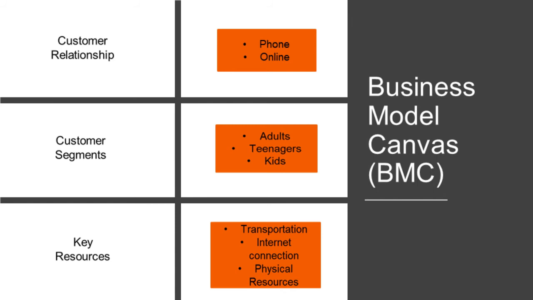This business needs transportation to move to the customer's destination to deliver the food. Apart from that, internet connection is also essential to connect with the customers and to do marketing for the business. Next is physical resource, which needs workers to make sure the stock of corndog can fulfill the demands of customers.